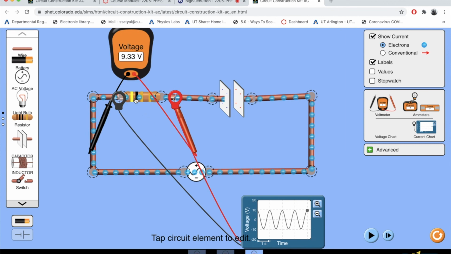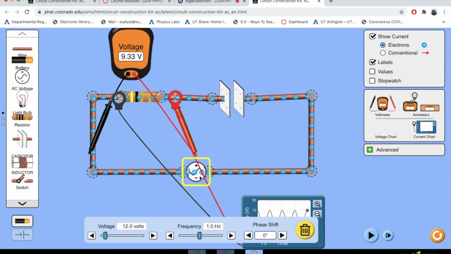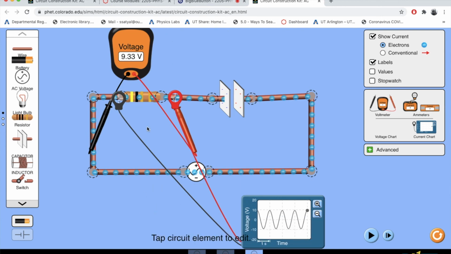There's a different voltage here. It's 12 volts we provided, and here the maximum peak value across the resistor I'm only getting about 9.33, and even in the graph, it's oscillating between 10 and minus 10, but try to pause it like this and get the exact value.